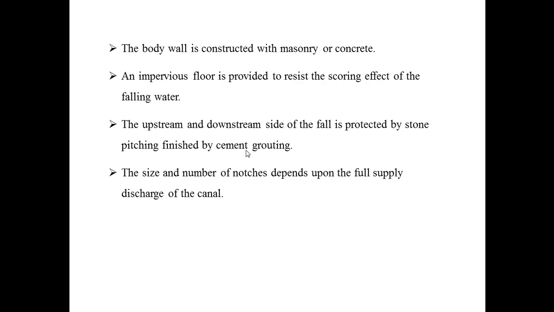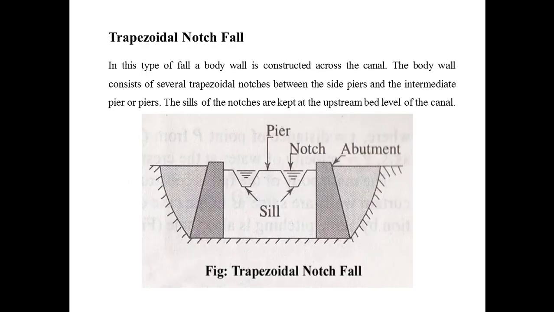Also, the upstream and downstream sides of the fall are protected by stone pitching finished with cement grouting, and the size and number of notches depend upon the full supply discharge of the canal. So these are the works required for the trapezoidal notch fall.